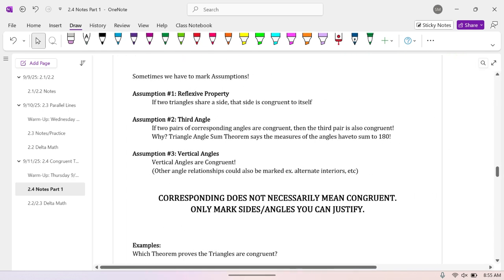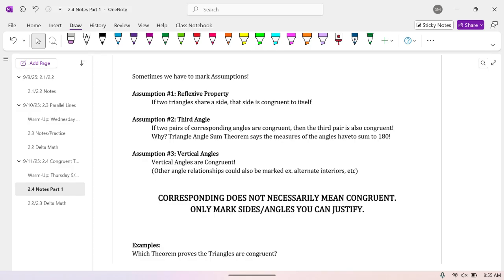All right, we're almost done, guys. So sometimes we do have to make some assumptions, but they're usually assumptions that are pretty obvious. All right. So the first assumption is the one that we've already talked about technically. You just didn't have a name for it.